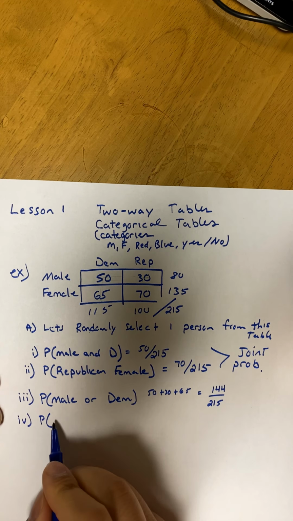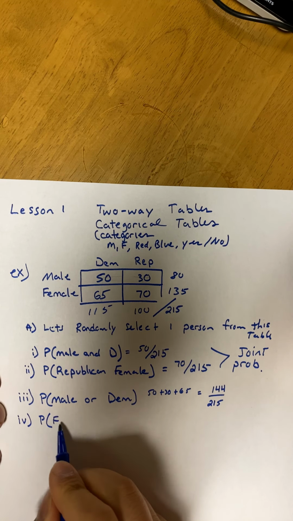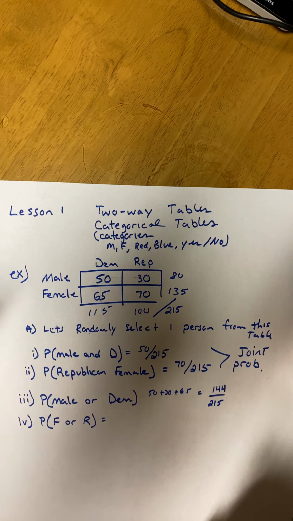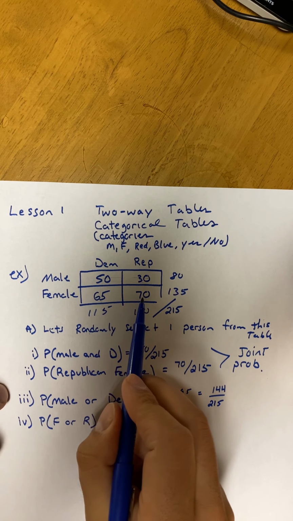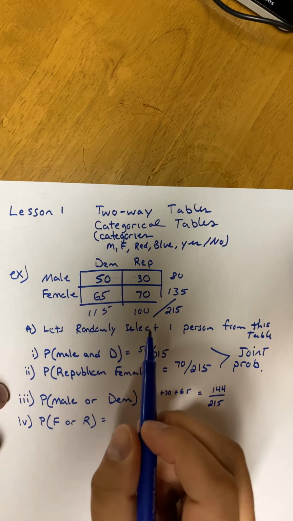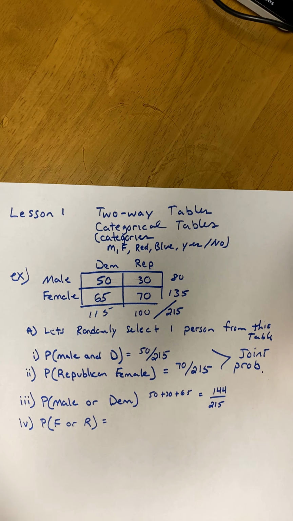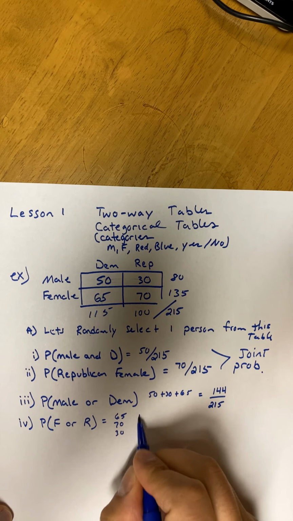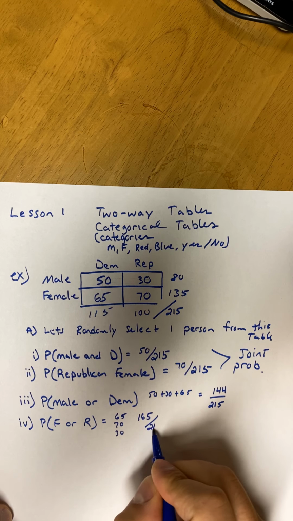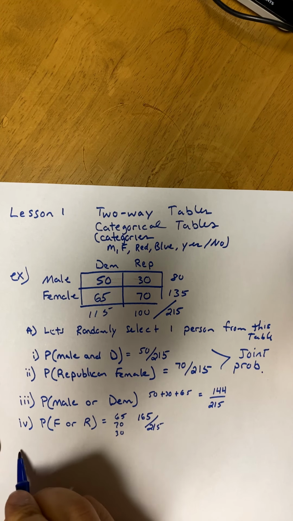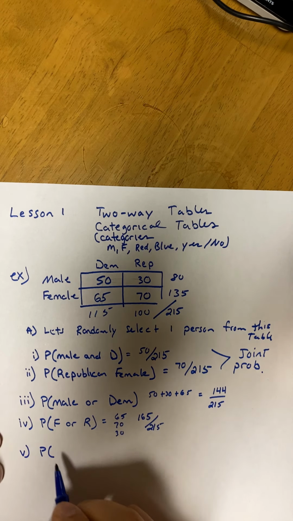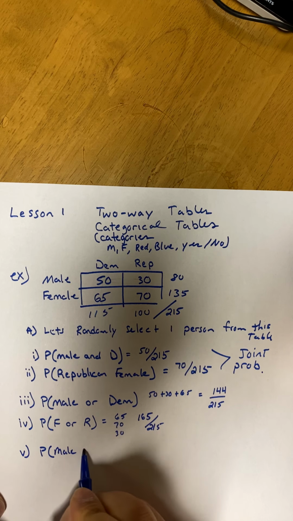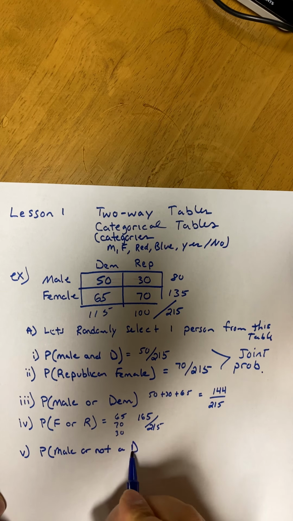I could say the probability of a female or Republican. So they either have to be female or they have to be Republican. So 65, 70, and 30. These are either females or Republicans. That's going to be 165 over 215. I could say probability of male or not a Democrat.